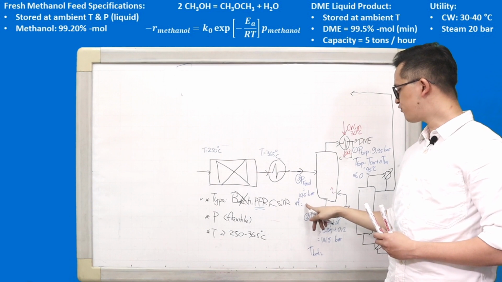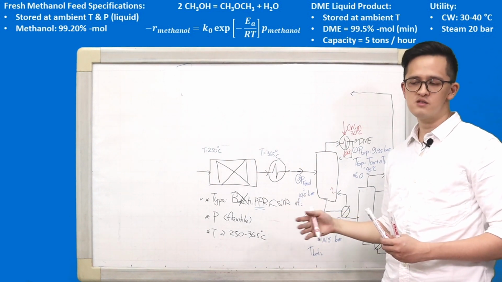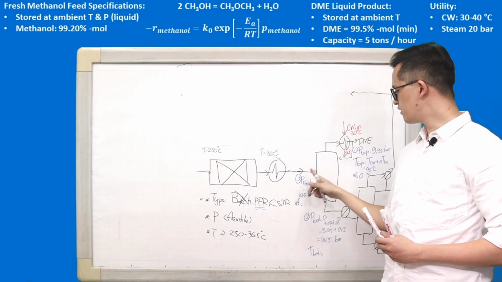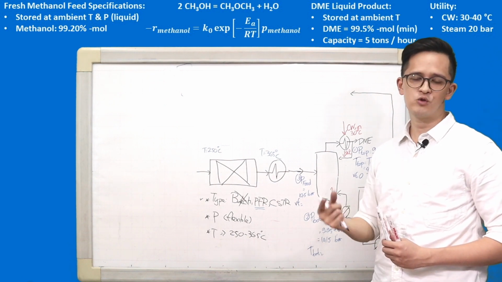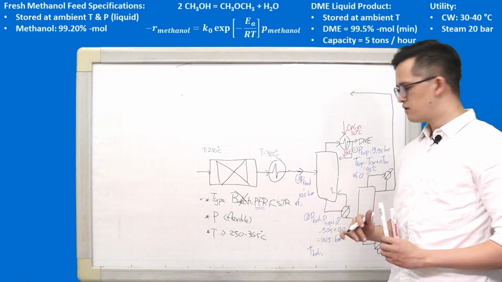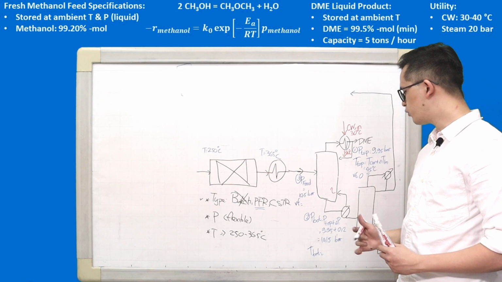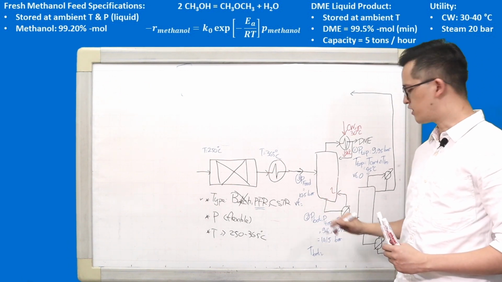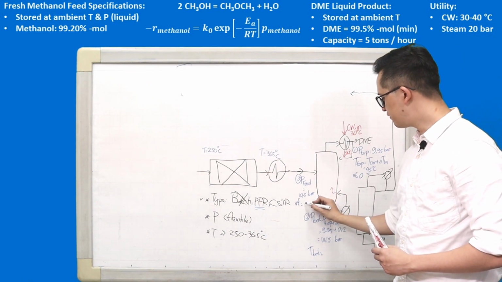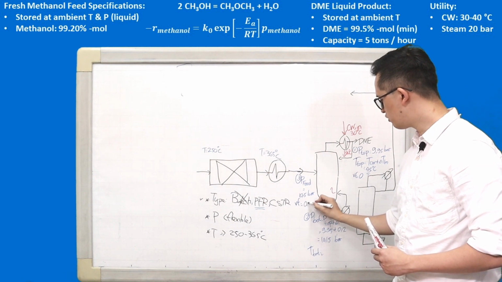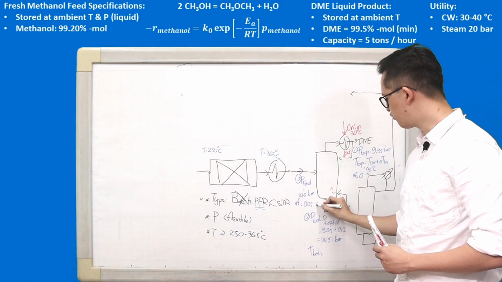If we set the vapor fraction as 1, that means we put the feed into the distillation column as saturated vapor. But the rule of thumb, or maybe the quick way to help your distillation column, is to give a vapor fraction around 0.02 to 0.05.